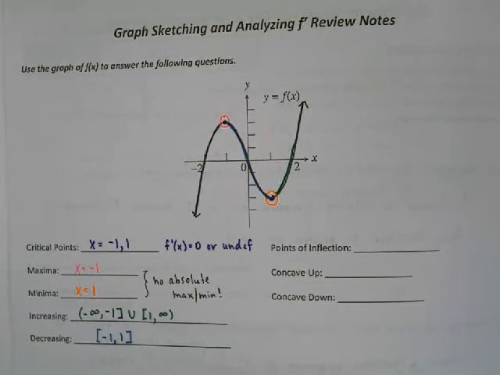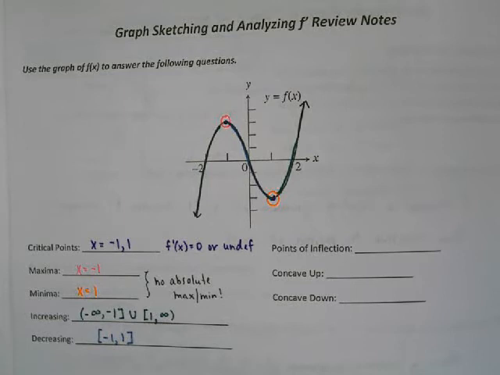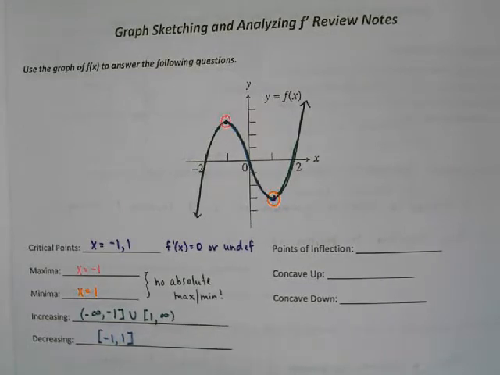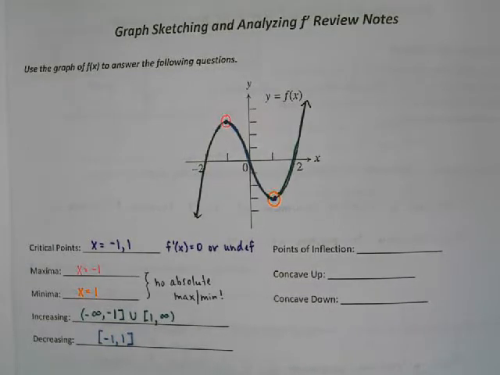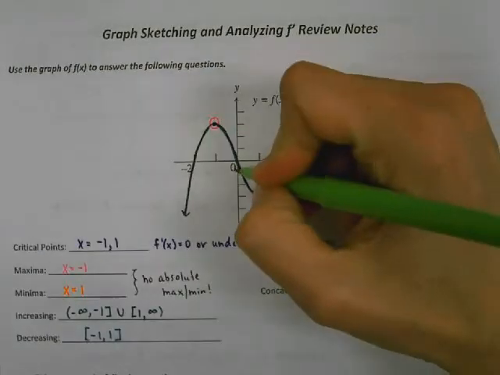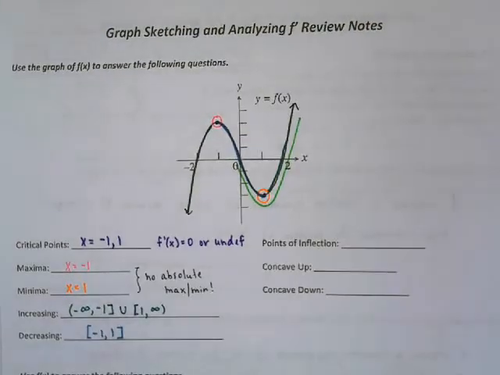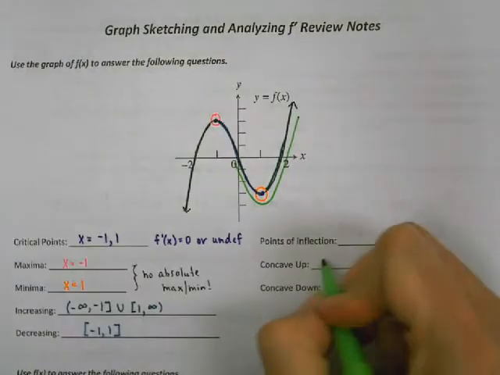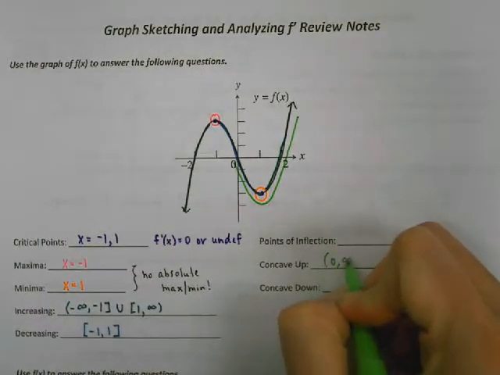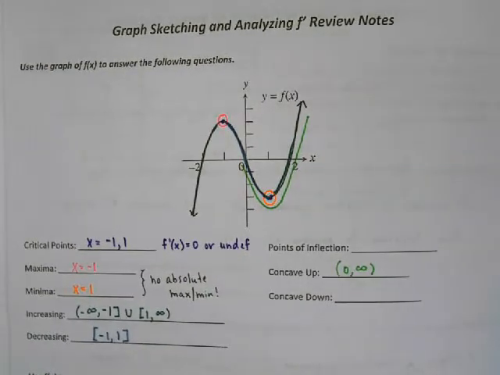So now the last thing we're going to talk about is concavity. So I am going to be concave up everywhere my second derivative is greater than 0. And so we know we're concave up wherever we look kind of like a cup, wherever we would hold water. So if I'm looking at this graph, I'm going to be concave up over this interval. And so from 0 to infinity, I'm concave up.